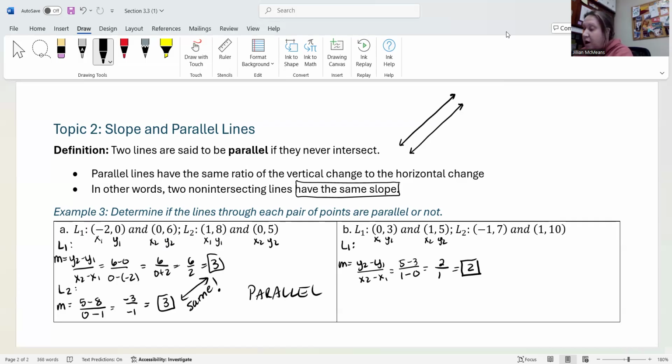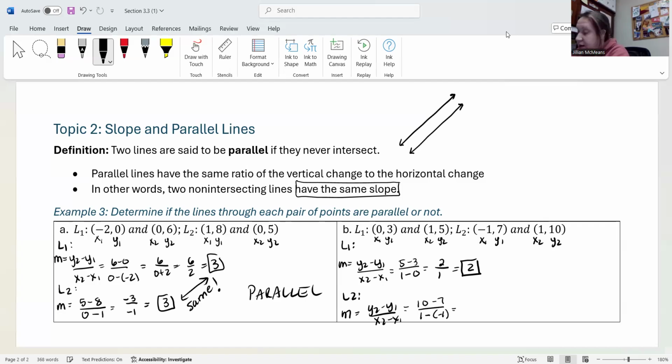Now let's repeat that whole process, but this time we're going to look at L2. Again, we have m equals y2 minus y1 over x2 minus x1. Let's label those 2 points: x1, y1, x2, y2. When I fill those numbers in, I get y2 is 10 minus y1 is 7, and then x2 is 1 minus x1, which is -1.